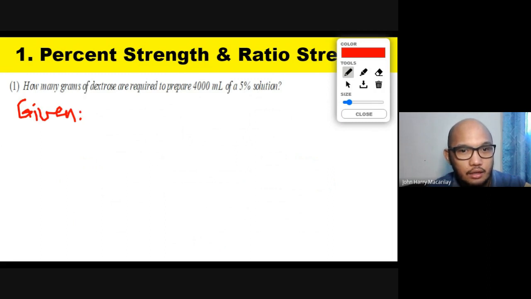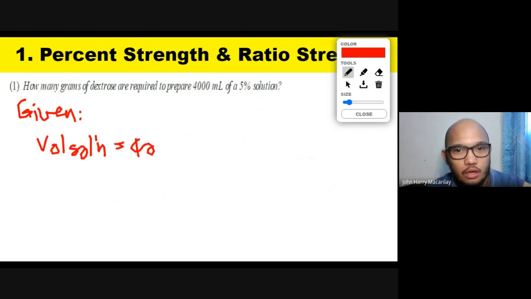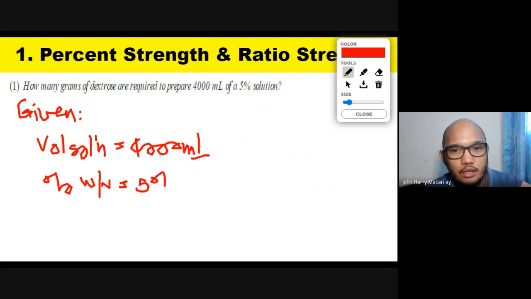You have the volume of the solution, which is equivalent to 4,000 ml. You have the percentage weight by volume, which is equivalent to 5%. And what is missing now is the mass of your solute.